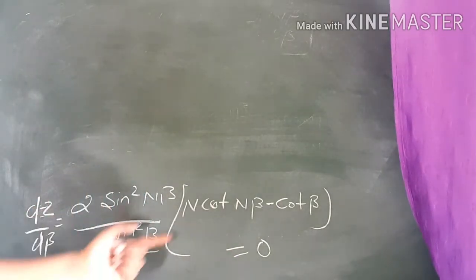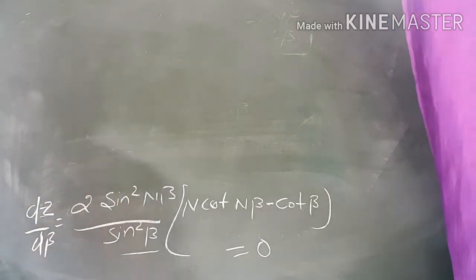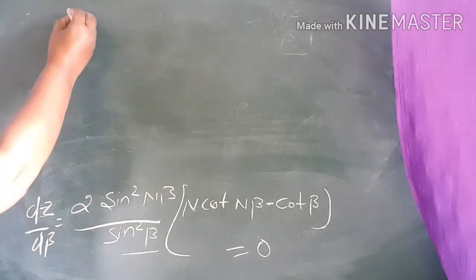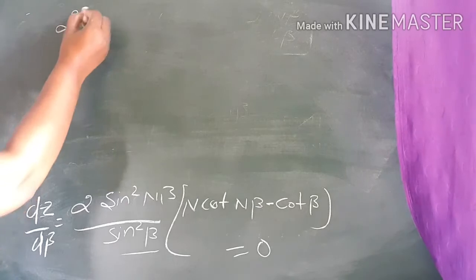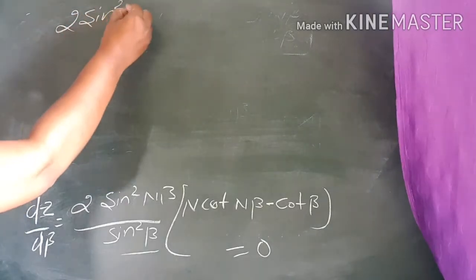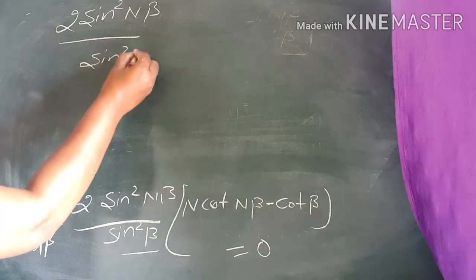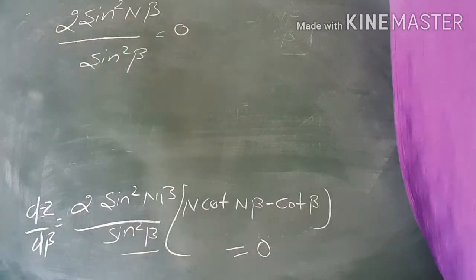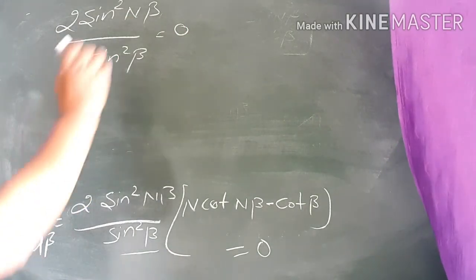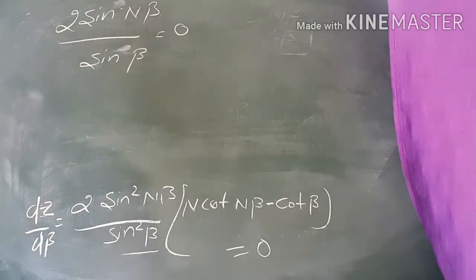Then this must be equal to 0. And 2 sine square n beta by sine square beta is equal to 0, or this is equal to 0.